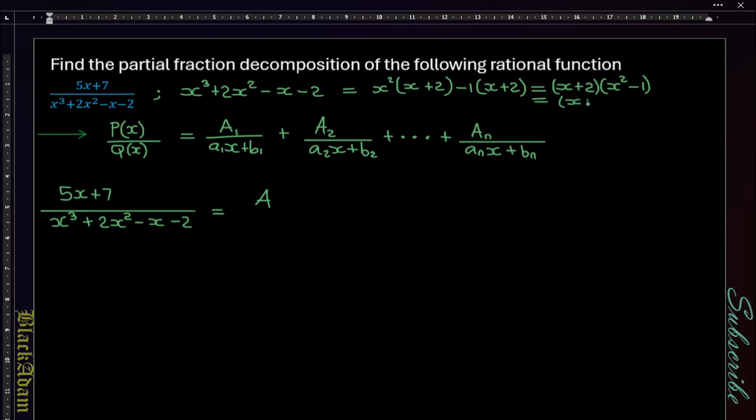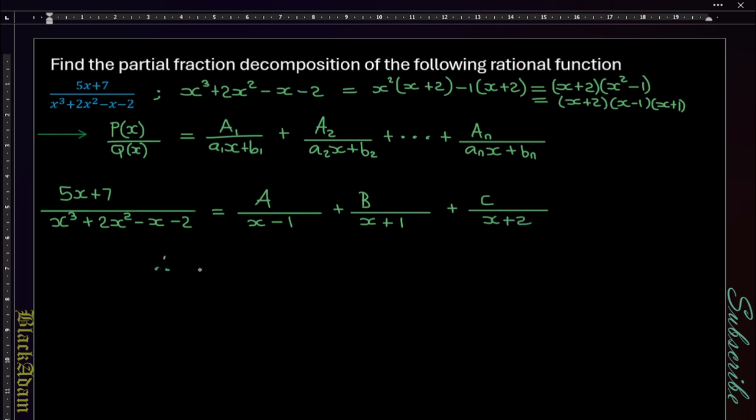So we have x plus 2 times x squared minus 1, and x squared minus 1 factors as x minus 1 times x plus 1. With that we have a over x minus 1 plus b over x plus 1 plus c over x plus 2.